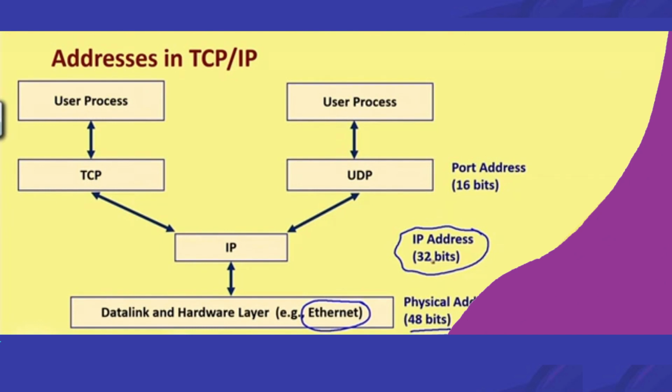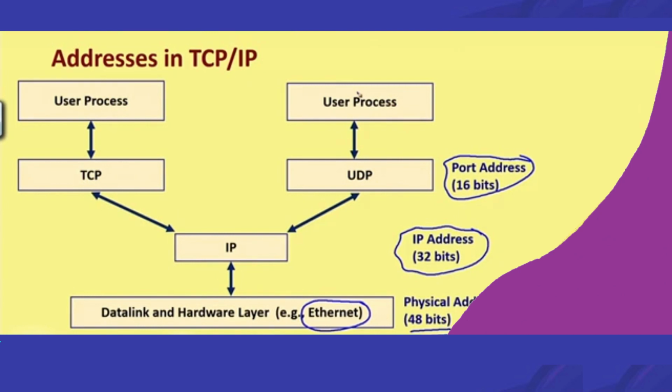Whenever you connect a computer to a network, that network interface will have an IP address associated with it, and that IP address is supposed to be unique, but that is a 32-bit address. And at the transport layer level, there are so many applications or user processes which are using the network.